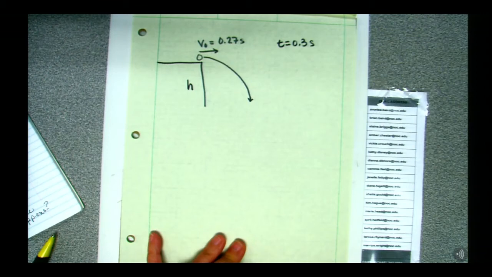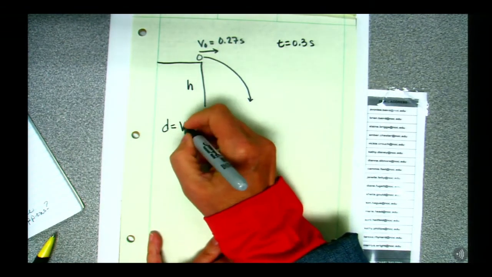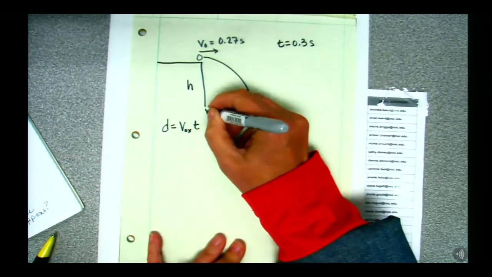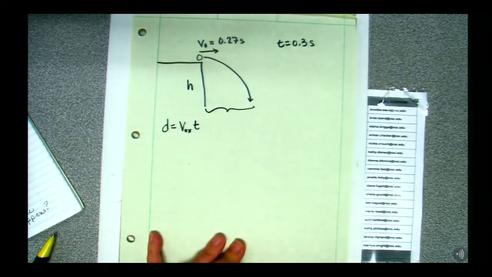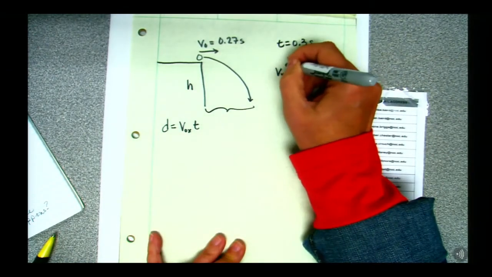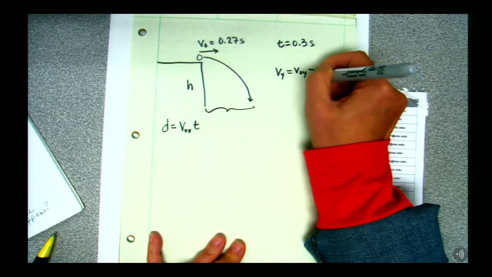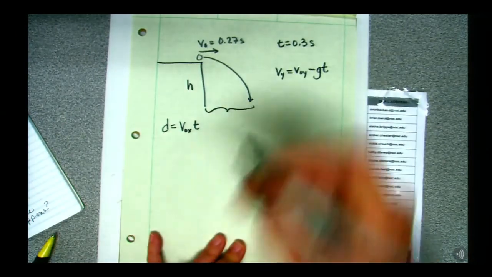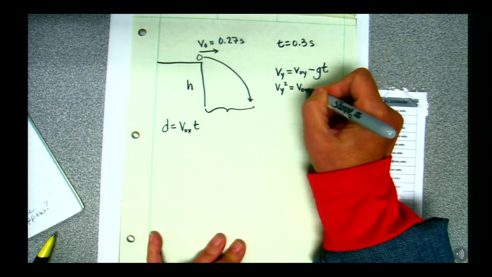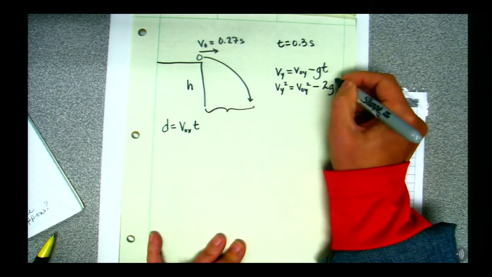So if I go back to my equations, I've got my distance is equal to my initial velocity in the x direction times time. And that's that distance right there. I have that my y velocity is going to equal my initial y velocity minus gravity times time. I have my final y velocity squared is equal to my initial y velocity squared minus 2g times my height.